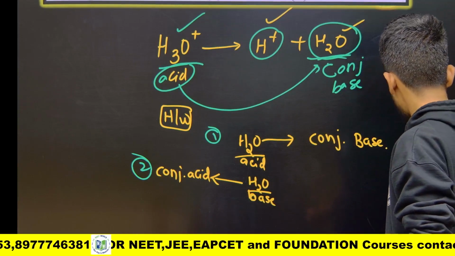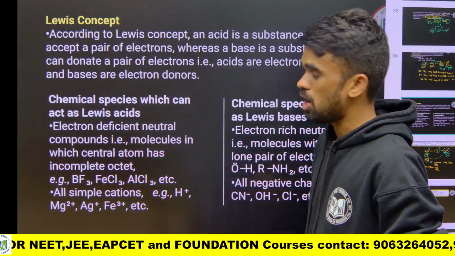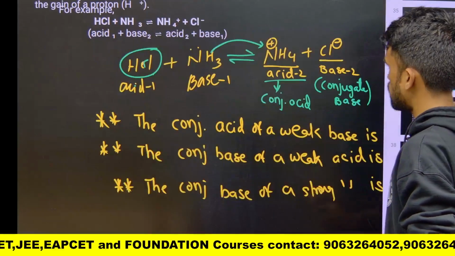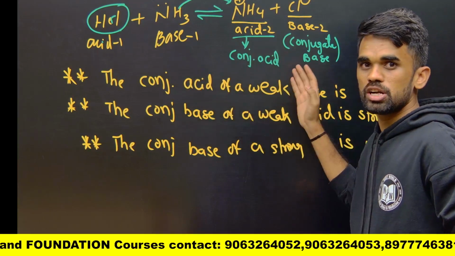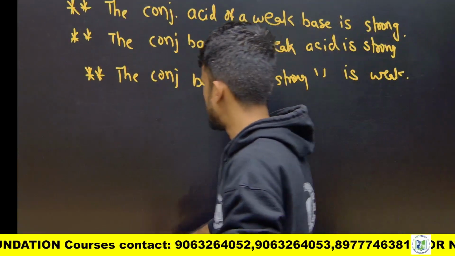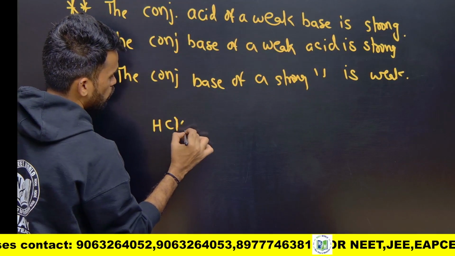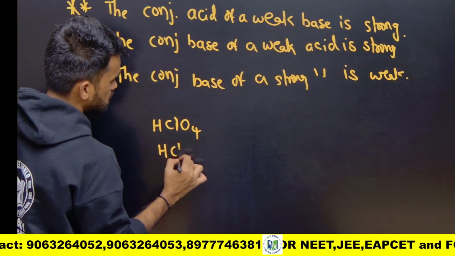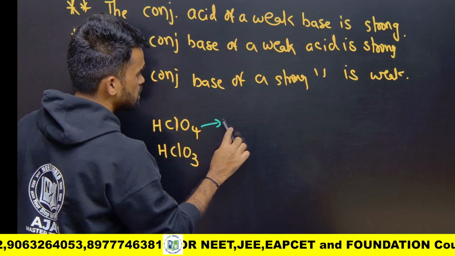Okay, and the next thing is we need to discuss the Lewis acid base concept also. And here I told you now, if an acid is strong, its conjugate base is weak. For example, here I am saying, see, I have HClO4 and I have HClO3. Here itself I am saying this is a strong acid.